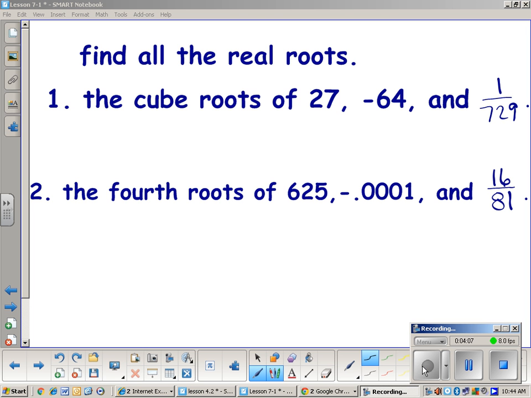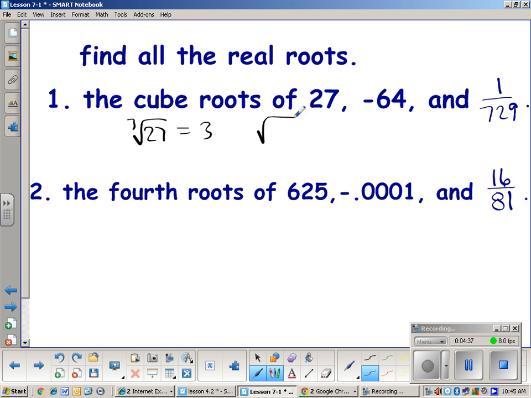Okay, let's find the real roots for these two examples. The cube roots of 27, negative 64, and 1 over 729. What's the cube root of 27? Because 3 times 3 times 3 is 27, the cube root of 27 is equal to 3.